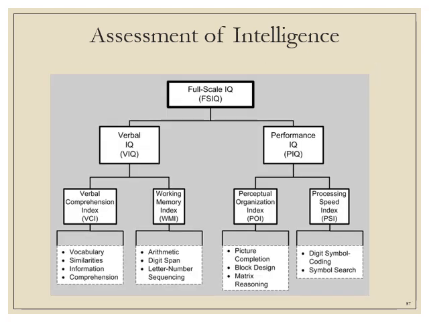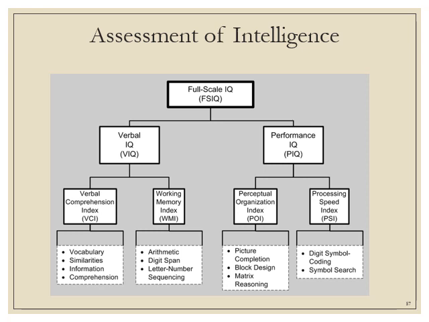So this is the breakdown of how full-scale IQ is derived. At the very bottom in the little dotted line boxes, you have the individual subtests. On the far left, vocabulary, similarities, information, and comprehension are subtests that load on the verbal comprehension index. And then arithmetic, digit span, and letter number sequencing are working memory tests that are verbally administered and verbally responded to.